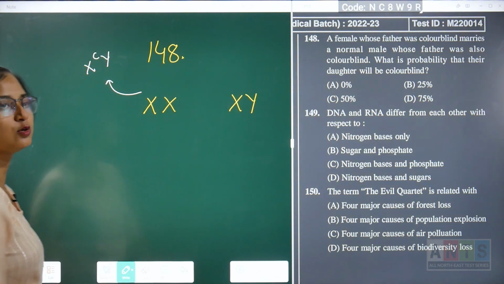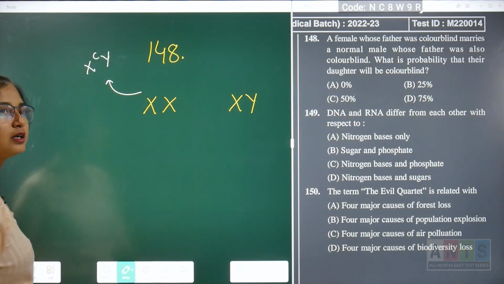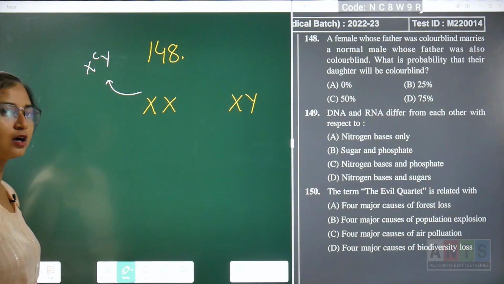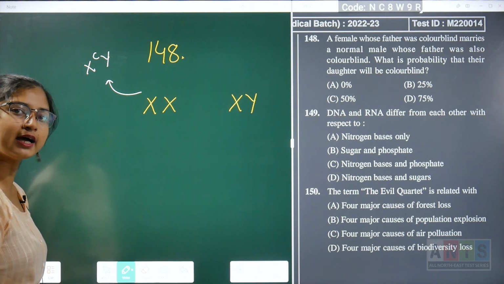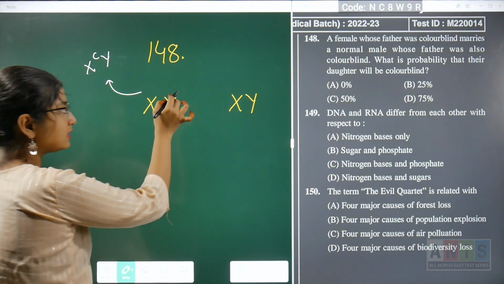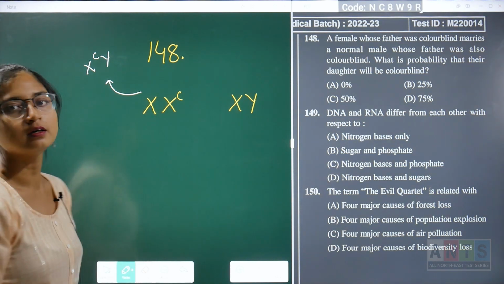C over here is denoting the mutated gene for colorblindness. So if her father was colorblind, definitely one of her X chromosomes was inherited from that colorblind father. It means she must be carrying the XC mutation. So what that tells us is that this particular female is unaffected, but she is a carrier.